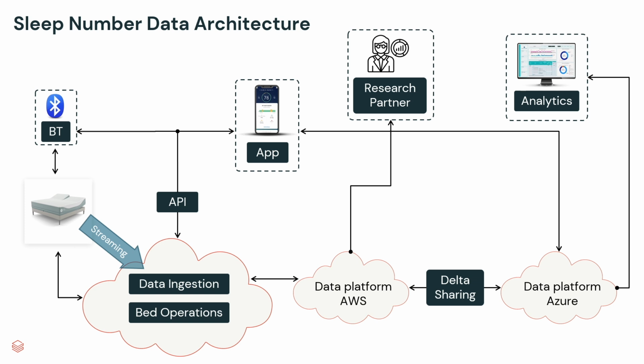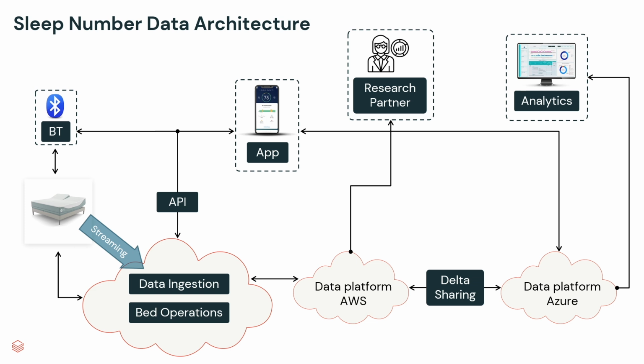But the point here is, these sensors are used to control the bed. The temperature sensor is to control the temperature of the bed. The pressure sensor is to control the firmness of the bed. Then actuators are used for articulation of the bed, so that it can go up and down. And the app here is connected to the bed through Bluetooth and API.